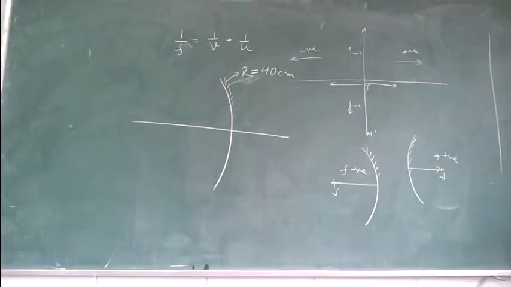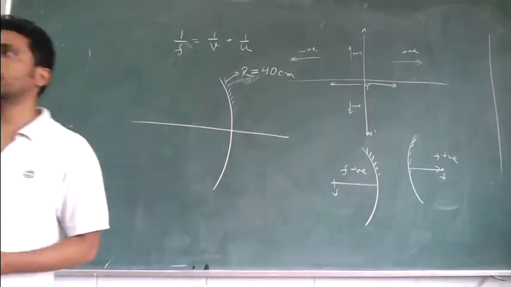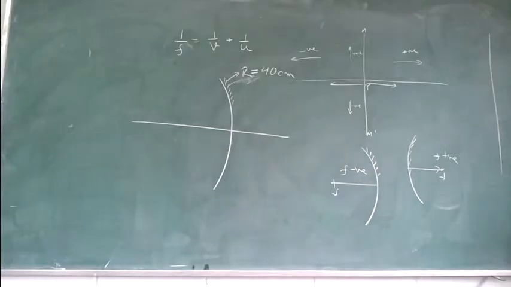Before applying the formula, using the ray diagrams you have already done, tell me: radius of curvature is 40. Object is placed 30 centimeters away from the pole on the reflective side.